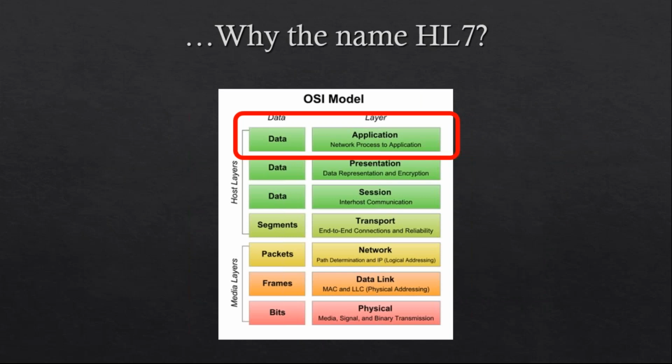So now let's take a look at why the name HL7 has come. To understand that, we need to understand the OSI model. OSI is the Open Systems Interconnection model. This is the basics of how the data which we see at the front end passes through the network and communicates with other people. For instance, I am talking here now and presenting something on my screen, but you are able to see it on your screen.